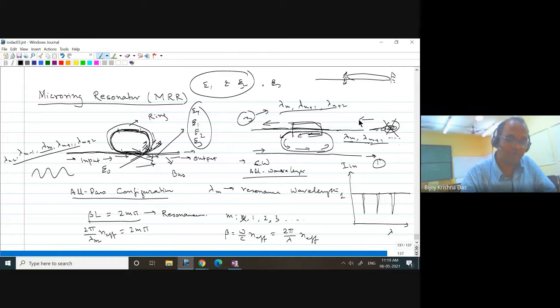What we could do is launch m plus 1 and so on here. What will happen? Because those are resonant, if I launch, that will couple to the ring. When it couples to the ring, then again those lambda m plus 1 will appear here.